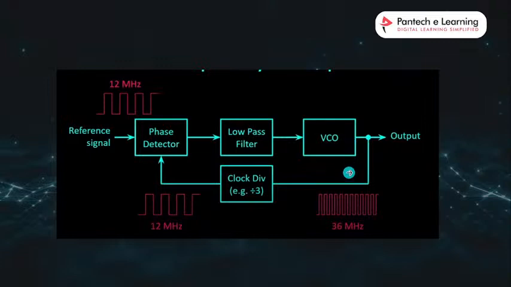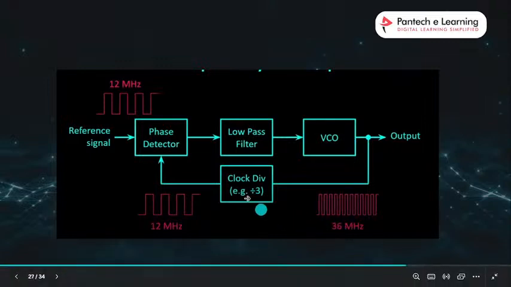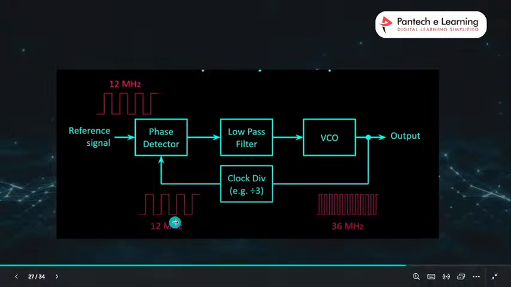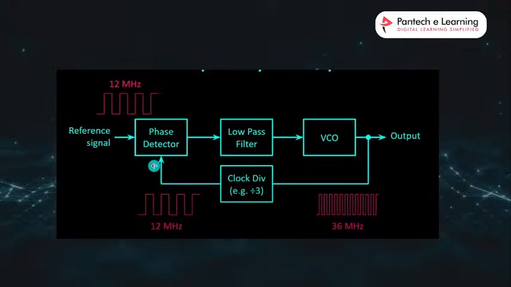It means it will give the 36 megahertz, and in this block it will divide by 3, like 12 megahertz or different phases. The purpose of this block is matching the phases of the output clocks, the VCO output clock frequency and the reference signal frequency. By matching these phases, we can get the required frequency at the output of the VCO.